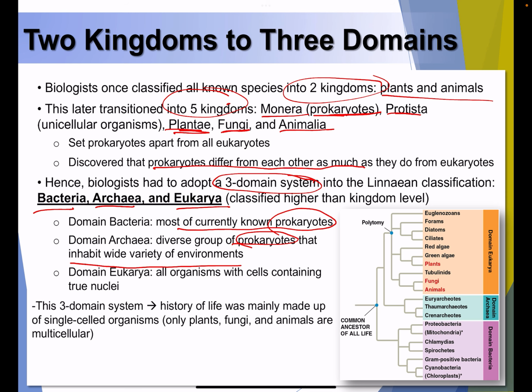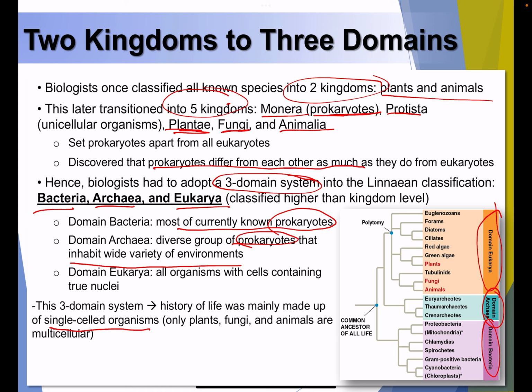If we look at the three-domain system phylogenetic tree here, we can see that the history of life is mainly made up of single-celled organisms, because the only ones that are multicellular on this list of species are highlighted in red, which are plants, fungi, or animals. Only three of them. Whereas all the black ones that you see on the list are single-celled organisms.